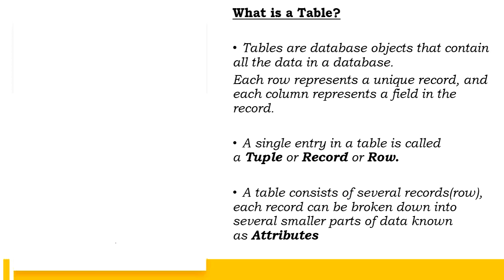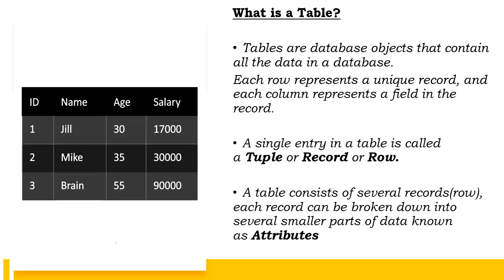Let's see an example. If you see this, you will get to know that we have a table which consists of ID, name, age, salary. In this case, each of these rows is known as a tuple, and each of these columns, which stores a particular kind of data, is known as an attribute.